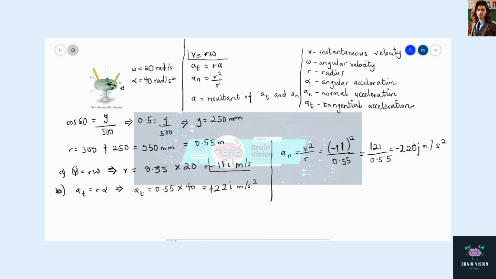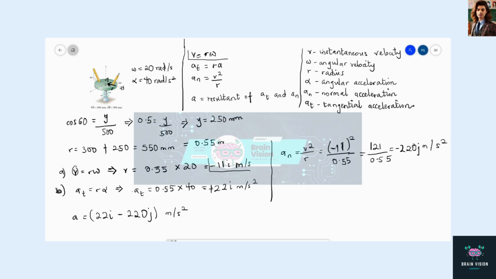So to find the acceleration, finally, we need to find the resultant, which is gotten by simply adding the two vectors. So we're going to have 22i plus minus 220j, and that is in meters per second squared.